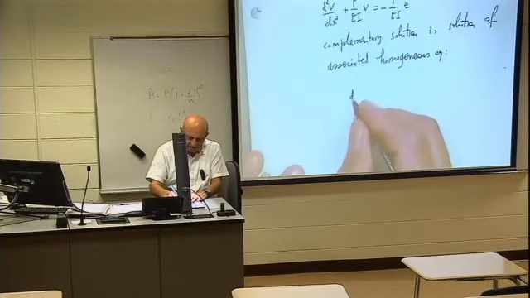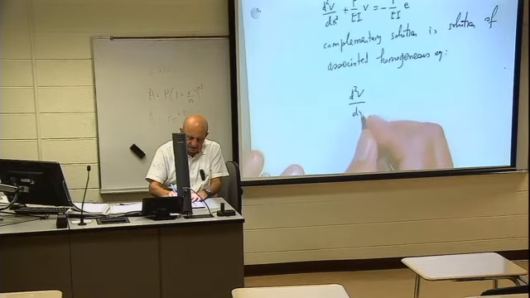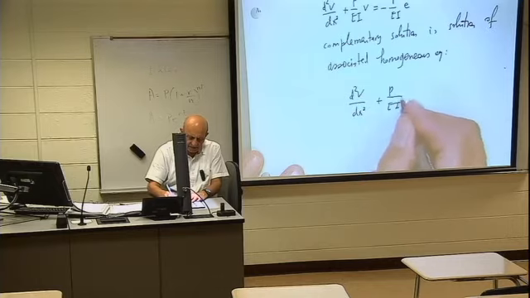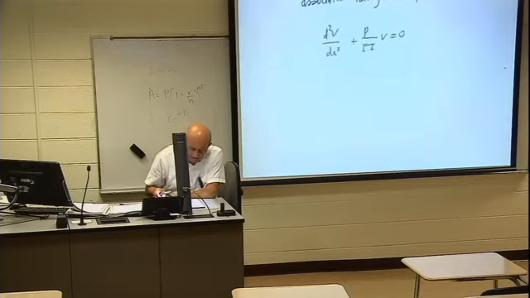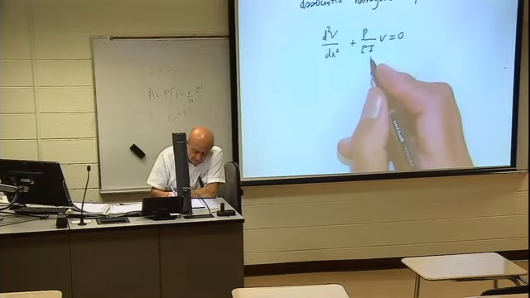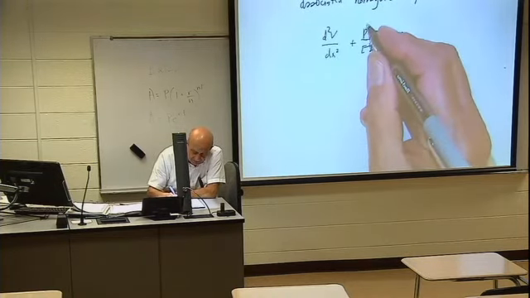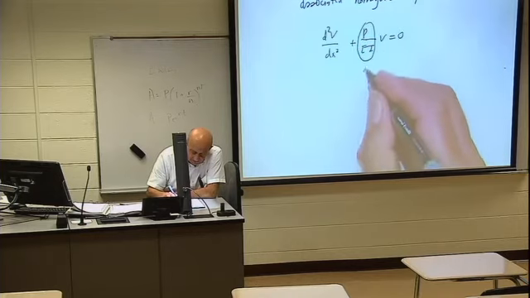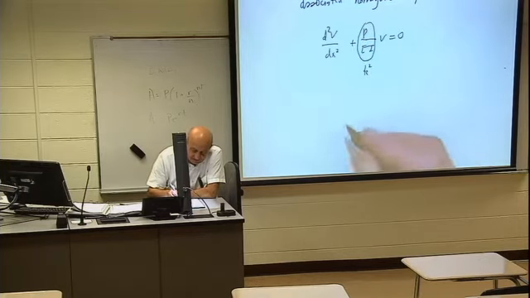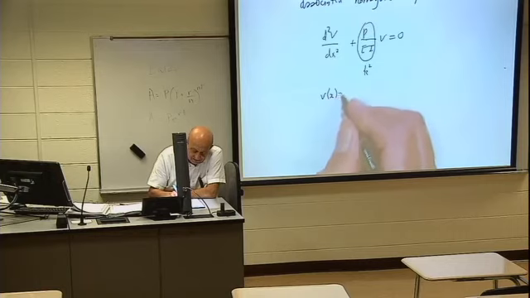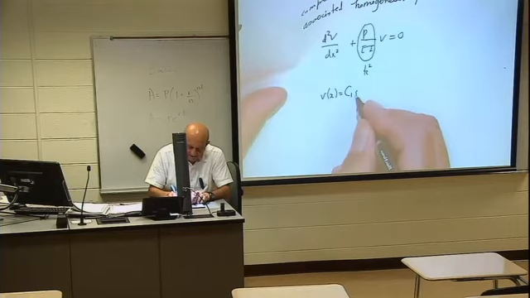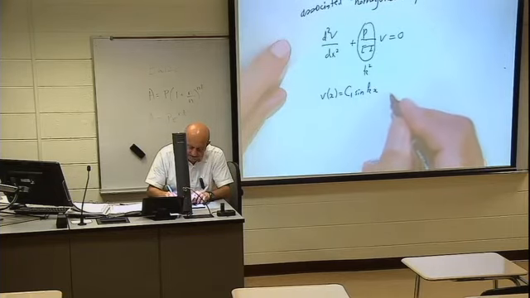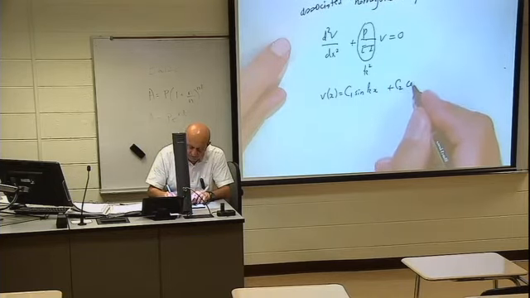And that is d2v dx squared plus p over EI v equals 0. Okay? Then we actually found already this. If you remember, we denoted this as k squared. And then we found v of x equaled c1 sine kx plus c2 cosine kx.